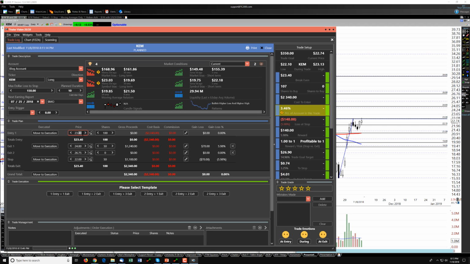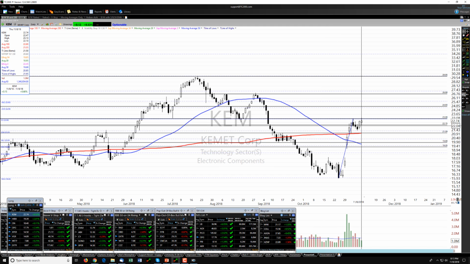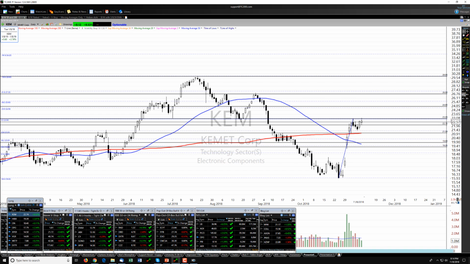See what that does for us. It's not going to help a lot. It might help some. And 1 2/3. If we're breaking out there, what did I say? 22 bucks. That's about 3.5%. We could probably move that up to 22.25.